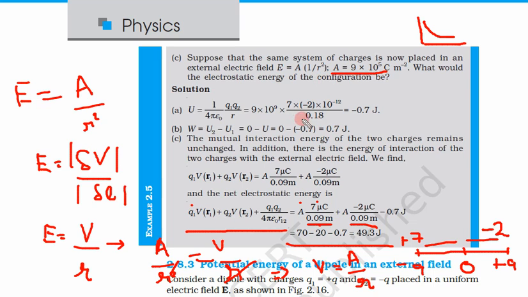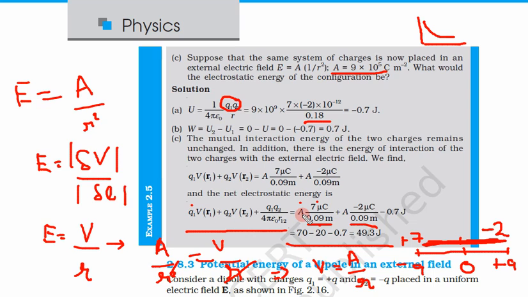But what we did in the first case, we took the whole distance between the two, because we were taking Q1 and Q2 both. Hence in the first case we took the whole distance, which was 18 centimeter, hence 0.18 meter. But when we take Q1 independently, the distance from origin is 9 centimeter.